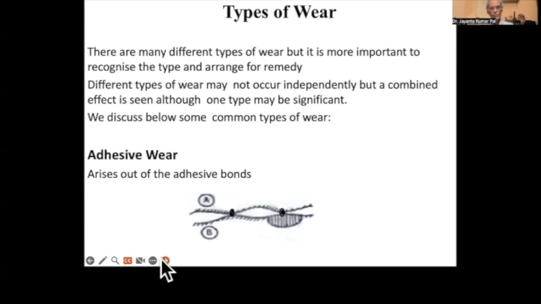And since the contact pressure is very high, there is likely to be plastic deformation, and we call it solid state welding. They get usually welded at these points, and the force required to break those bonds is known as friction.